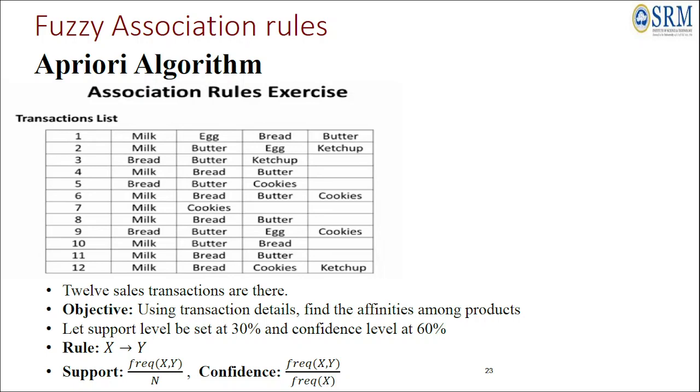Now, to explain the a priori algorithm, there are two things that we need to have. One is support, another is confidence. The formula of support is given by frequency of xy by n. Here n represents the number of transactions, so n is equal to 12, and frequency of x comma y.